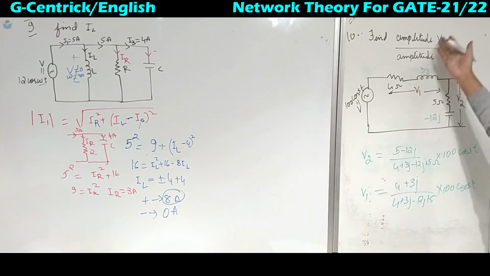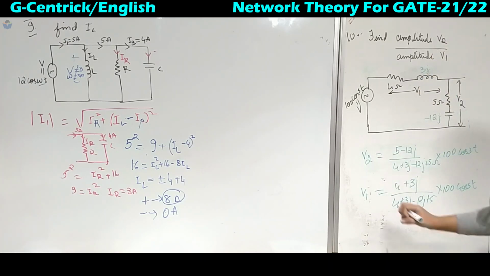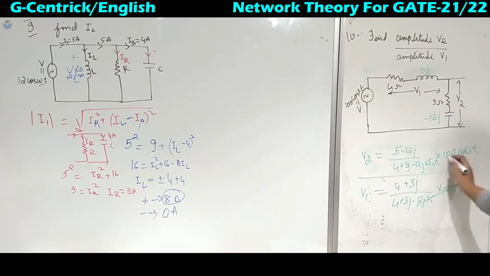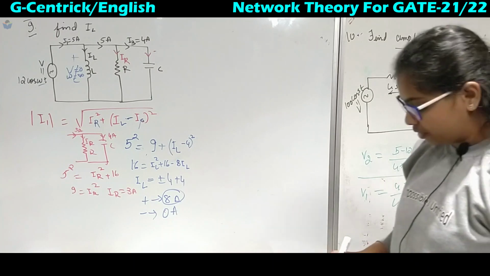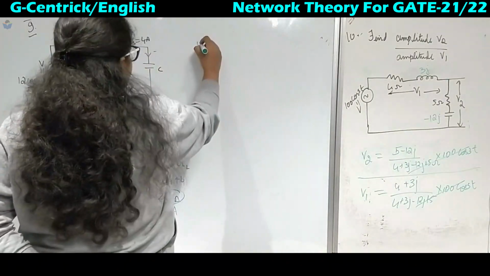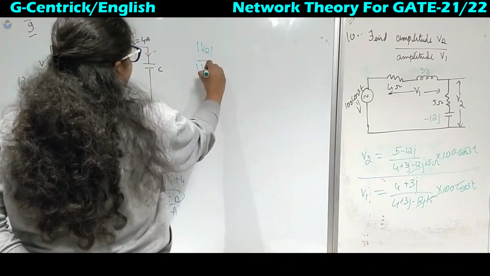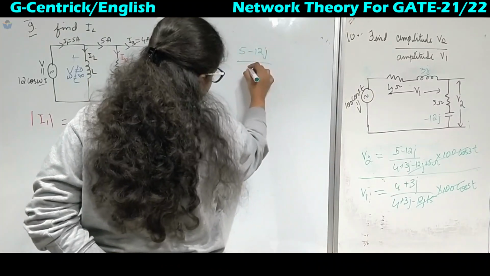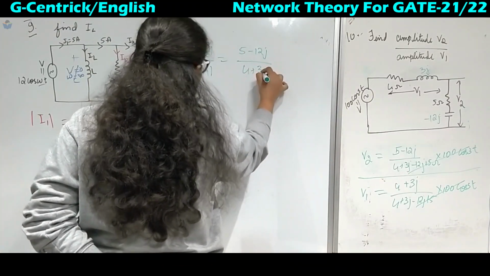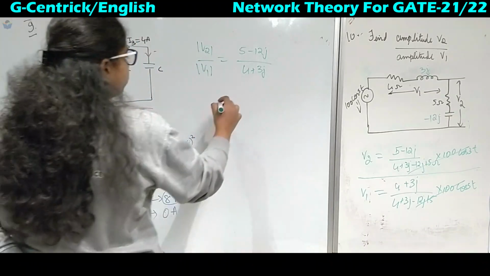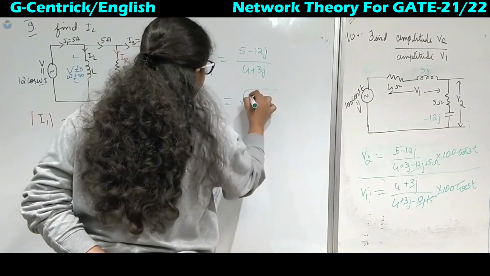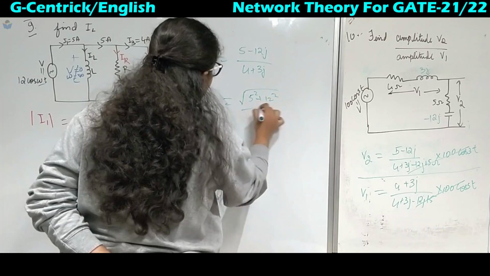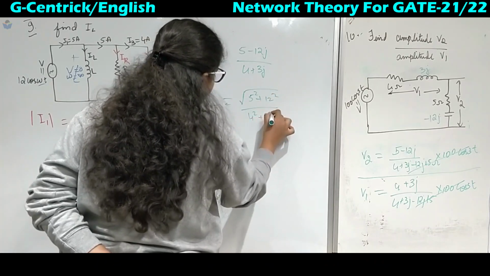What they have asked is the ratio of V2 upon V1, so we will divide it. This gets cancelled with this, so we are left with magnitude of V2 upon magnitude of V1 equal to (5 minus 12J) upon (4 plus 3J). Now take the magnitude: root of 5 square plus 12 square upon root of 4 square plus 3 square.